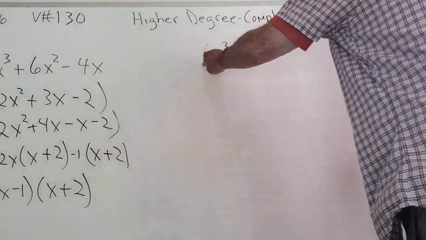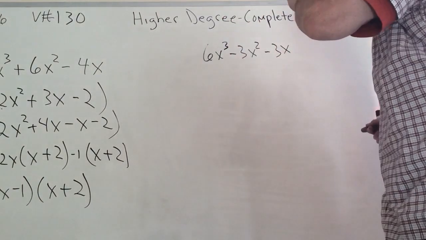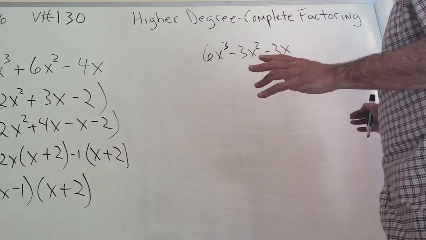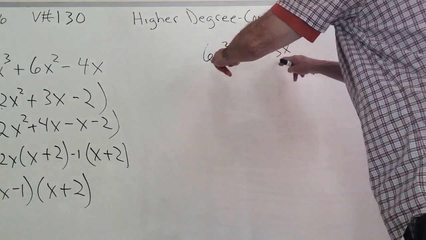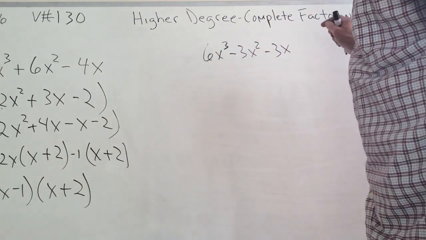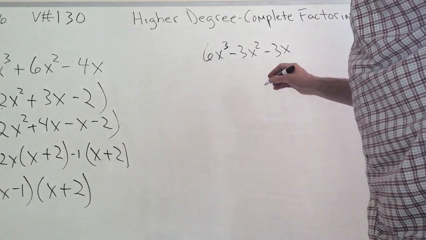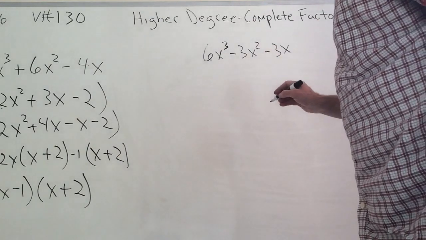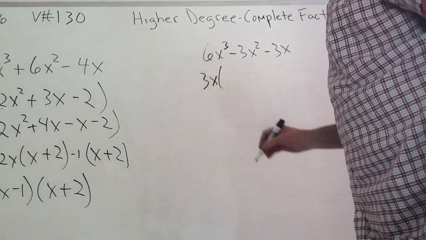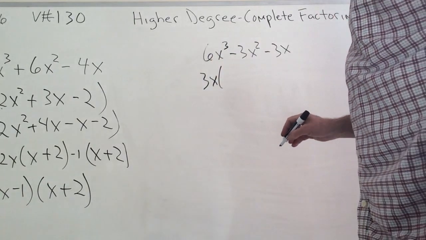If I multiply this times this, I'm just working in a way that isn't necessary to do the math. Would it work? Yeah, but I'd have to be playing around with the x, and eventually I'd have to factor everything out. So they all share an x, and they all share a 3. So 3x factors out. That's your monomial factorization.